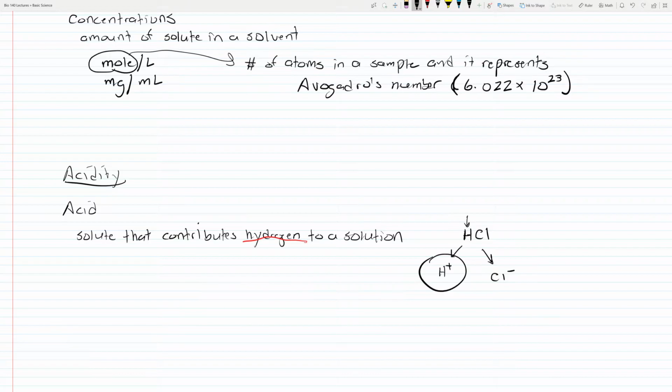Another way to think of an acid, and this is just how I've done it, is as a proton donor. Now you may be like, what are you talking about there? And it's really simple.